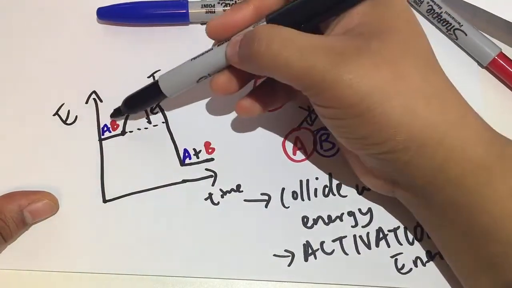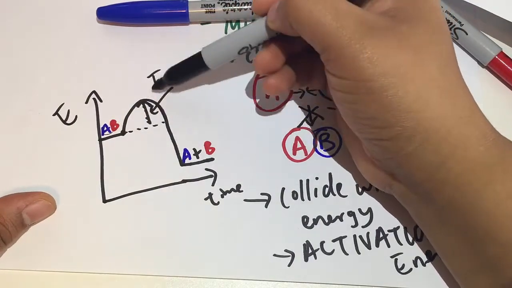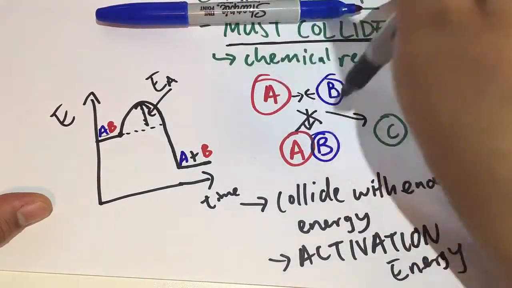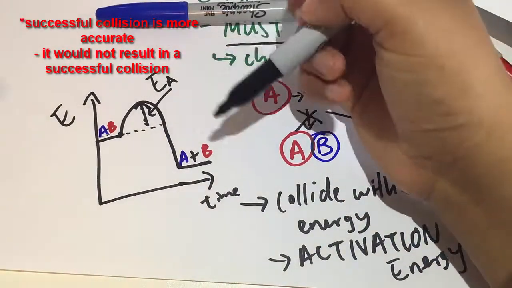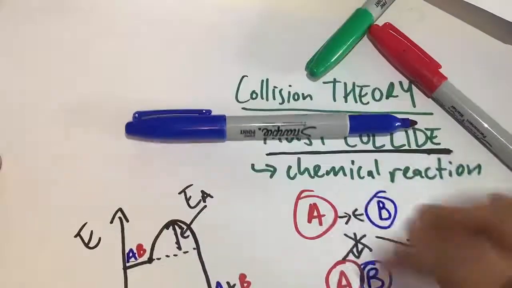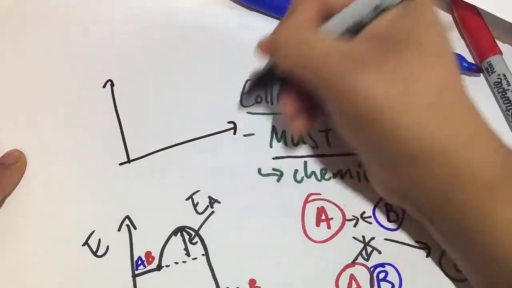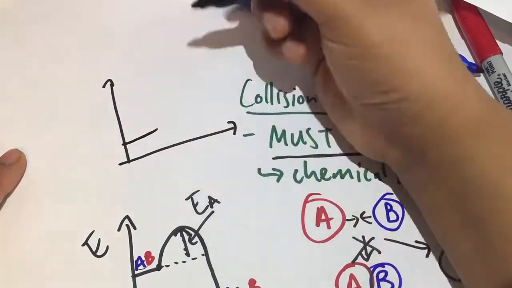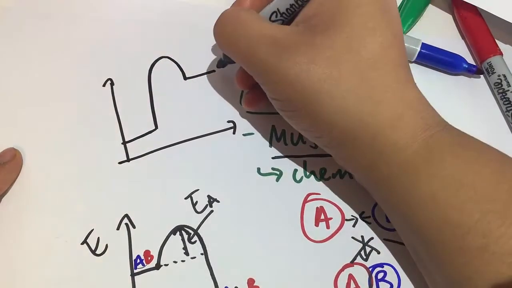Now, if this AB was to collide without the right amount, or without enough activation energy, it would not result in a chemical reaction occurring. This is an example of an exothermic reaction, whereas we've also got the other end of the spectrum, where we start off with something that's a bit lower and then we gain a large amount of energy in order to bring it higher.